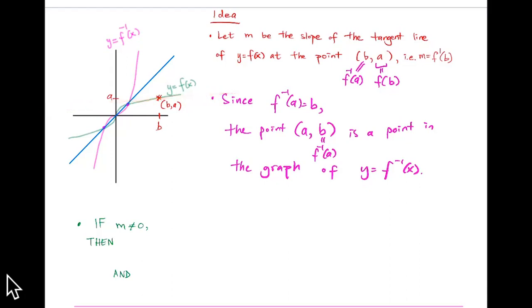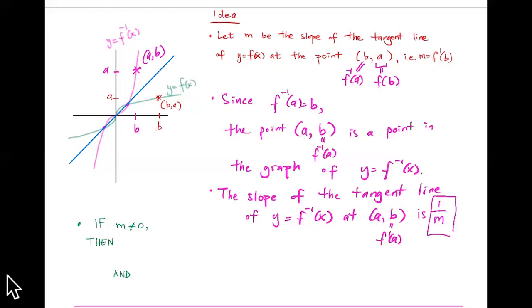And actually, let's first write down where a comma b is. So this would be b, and this is a. So the point a comma b is somewhere here. And we can compare the slope of this tangent line and the slope of this tangent line. So this is not a proof, but the slope of this one is actually 1 over m, where m is the slope of this one.